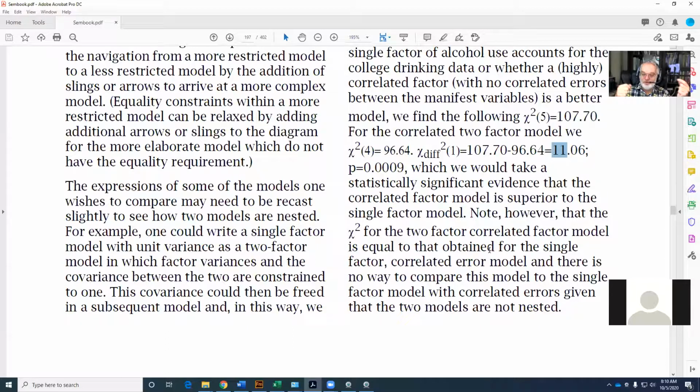And under the correlated factor model, I'm going to say, well, actually, there's a covariance or correlation between those 2 factors. So nesting does not only involve zeroing out things, you can also constrain correlations to be 1 and then free them. The objective here is we're making a model more complex by having more free parameters in it. So a correlated factor model is more complex than a single factor model because in a single factor model, I'm constraining that correlation to be 1.